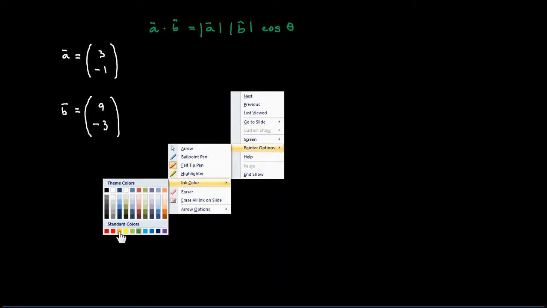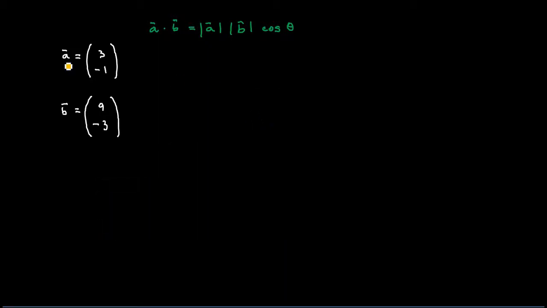So first of all, let's find the dot product of these two vectors here. So the dot product, as I say, is when we multiply the first two components. So A dot B gives us 3 times 9. Well, that's 27.